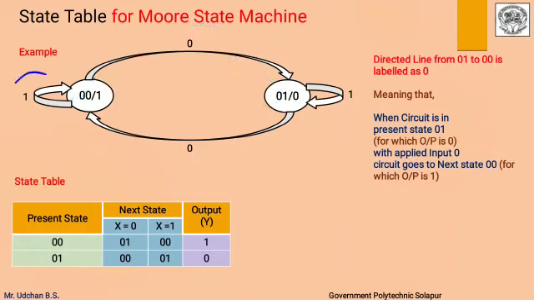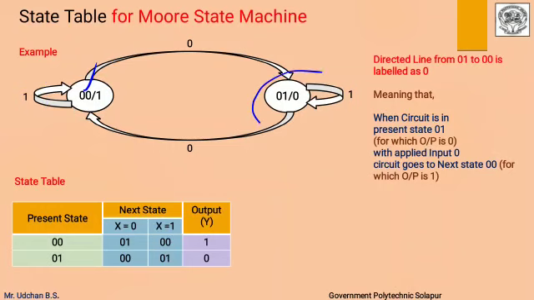Again we can read for this as the circuit is in present state 00, for which output is 1. When we apply a logic 1 input, the circuit remains in that state only, that is 00. The state does not change, remains unchanged, for which the output is again 1.